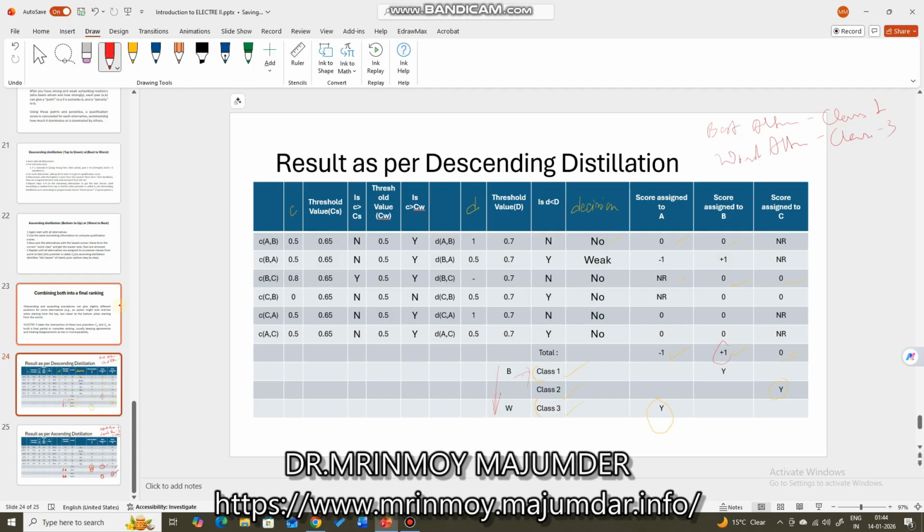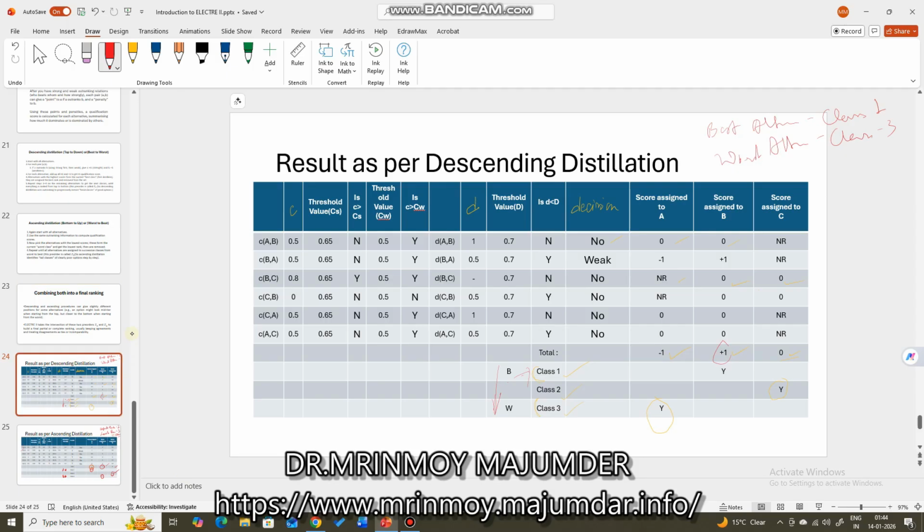So after that, if you compare the ascending and descending distillation, what you find is, in case of the descending distillation, which is a normal scenario, the alternative with the maximum score gets the best rank and also the best class, that is class 1.